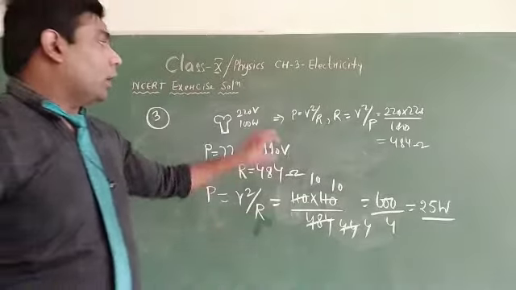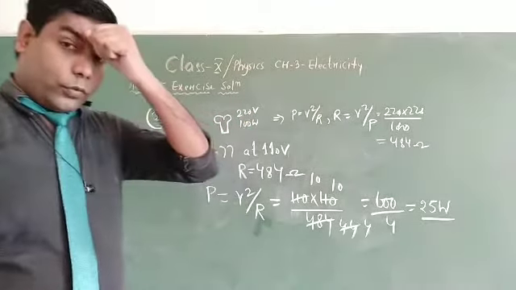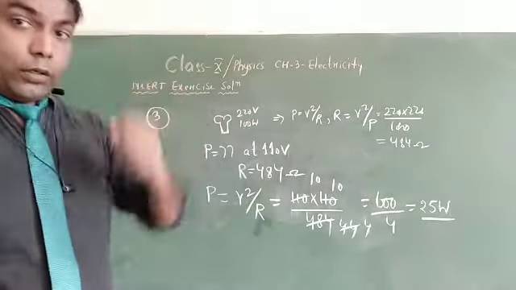See, first the power was 100 when the voltage was 220. When you reduce the voltage to half, then power will reduce 4 times because power is proportional to V square.